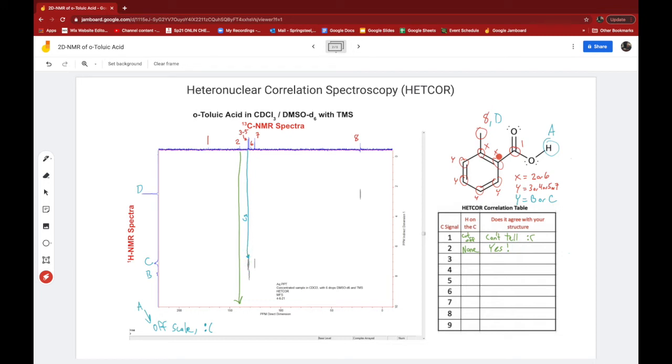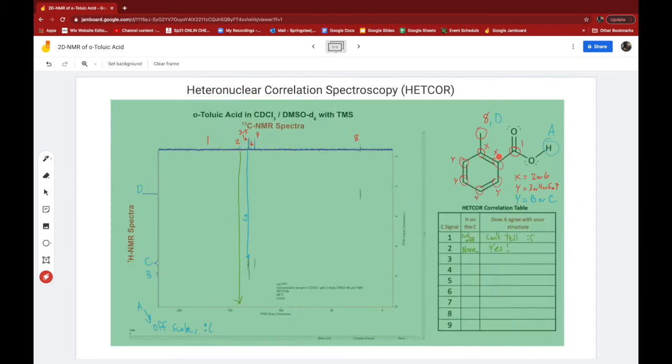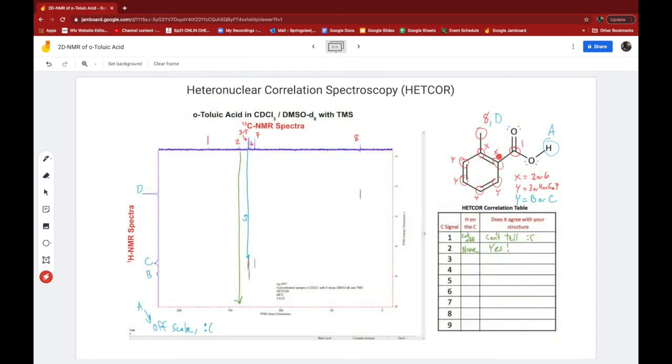So where does that correlate in the proton NMR? Got to undo that. There we go. So that correlates with signal C. So carbon signal 3 has hydrogens from signal C, not signal B. That's something, right? Found out a little something.